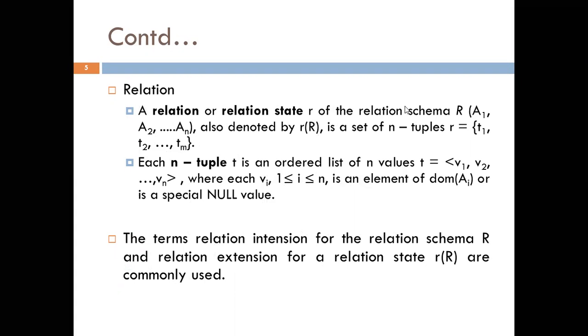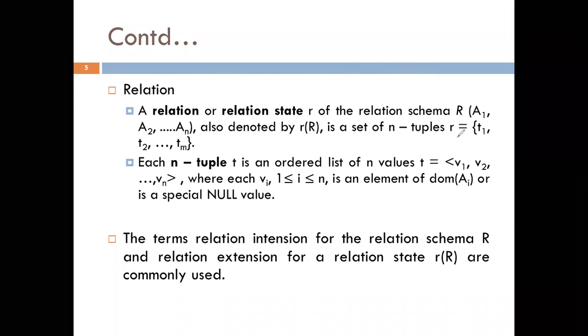A relational state r is the state of a table or a state of a database schema. We will denote it by small r of a relation, called small r of capital R. It is a set of n tuples. Each tuple is represented by a small t.